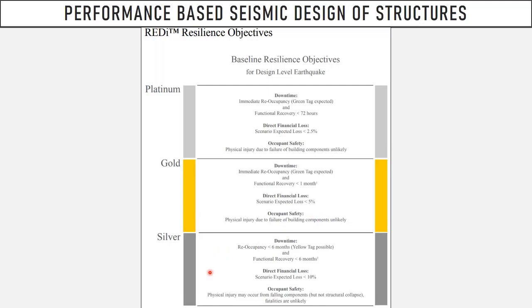But again, as you see, the seismic grading or seismic design performance is not based on engineering parameters or any engineering procedure quantitatively defined in terms of deformations or forces. It is just time, money, and loss.